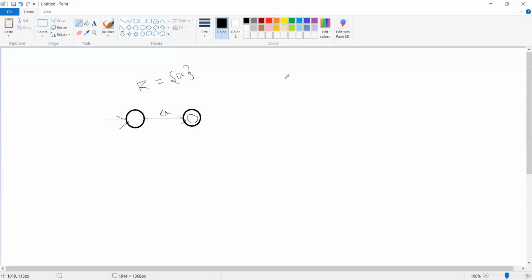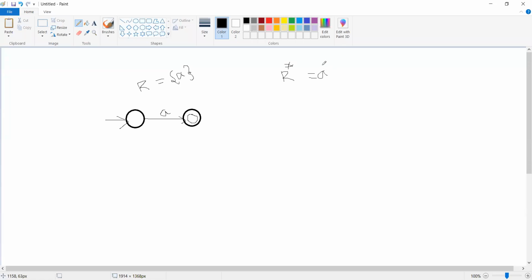Now what we have to find out here is its corresponding closure, Kleene closure, something like R star. What do we mean by R star here? What is R here? Small a whole star.